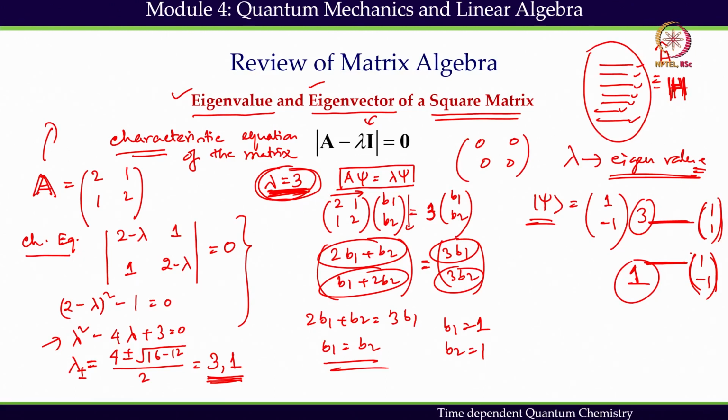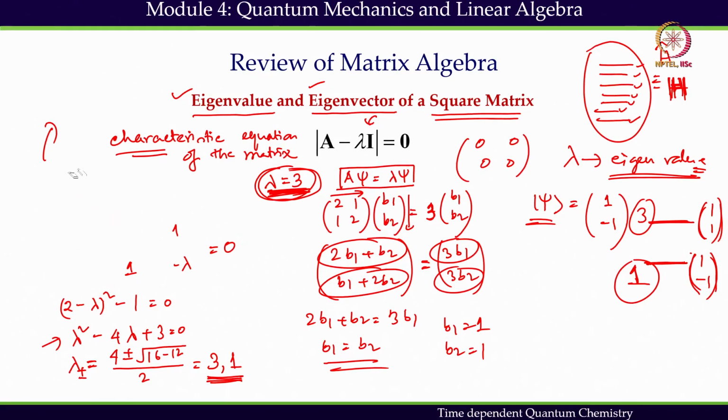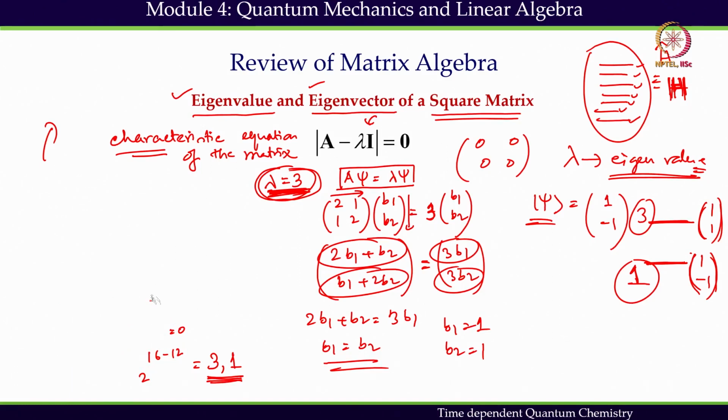So, now what we will do is find out the norm of the eigenvectors. We have two states right now, and we would like to normalize both states so that we can get the normalized wave functions. Associated with this 1 minus 1 state we will get the norm. How do we get the norm? Norm is given by the square root of the inner product.